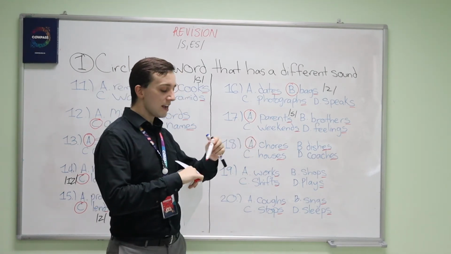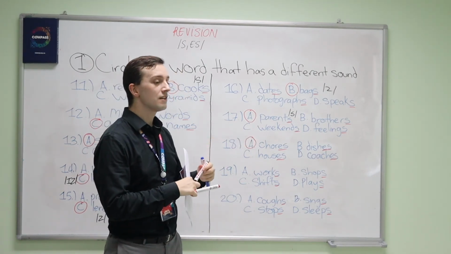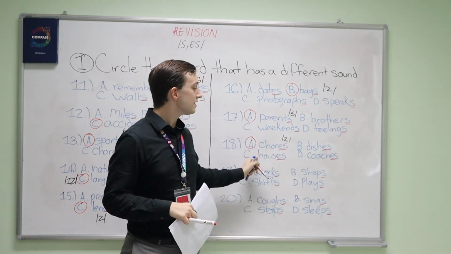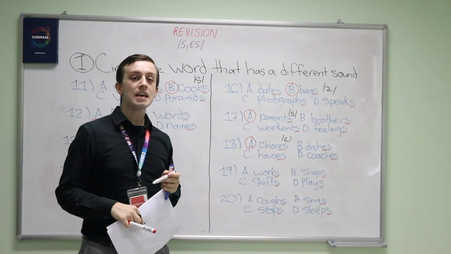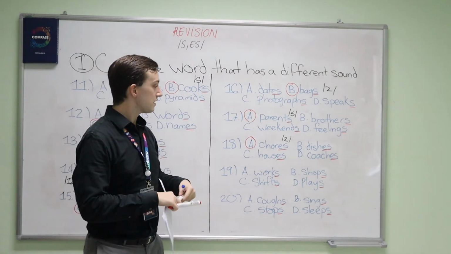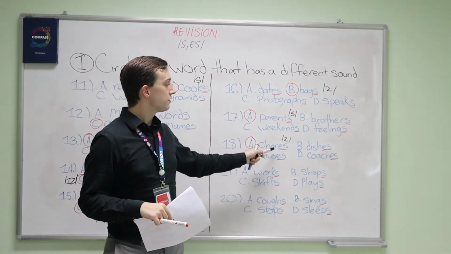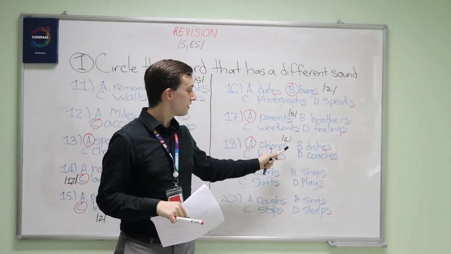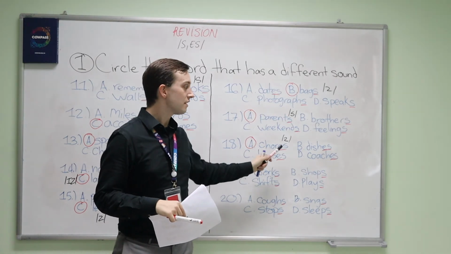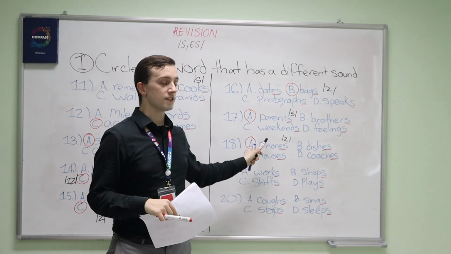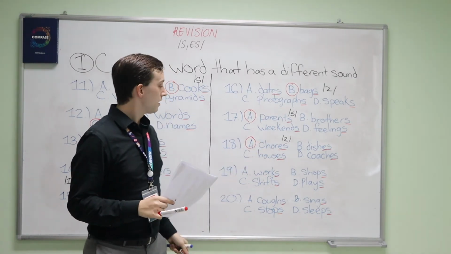In A, ES makes the sound Z. But in B, C, and D, ES makes the sound is. So here it's chores, dishes, houses, and coaches. Chores.